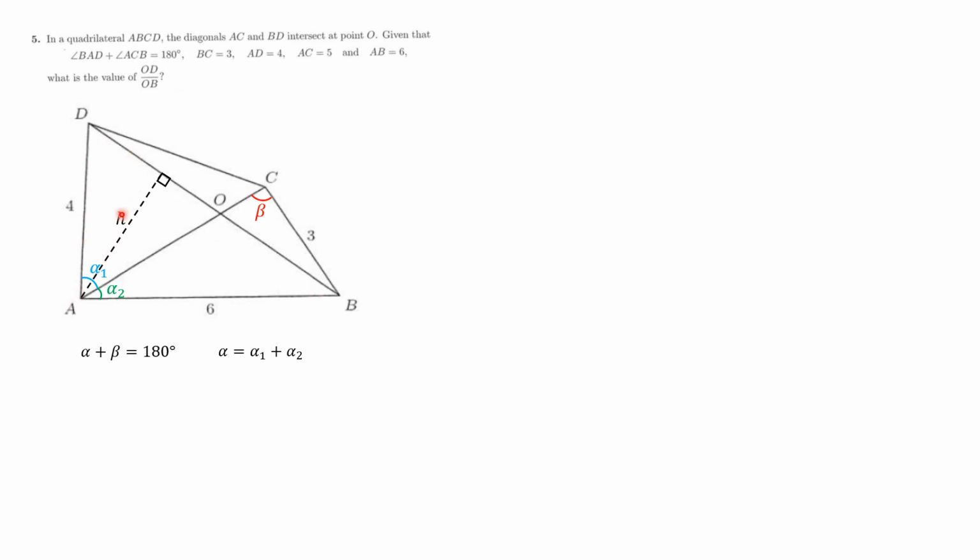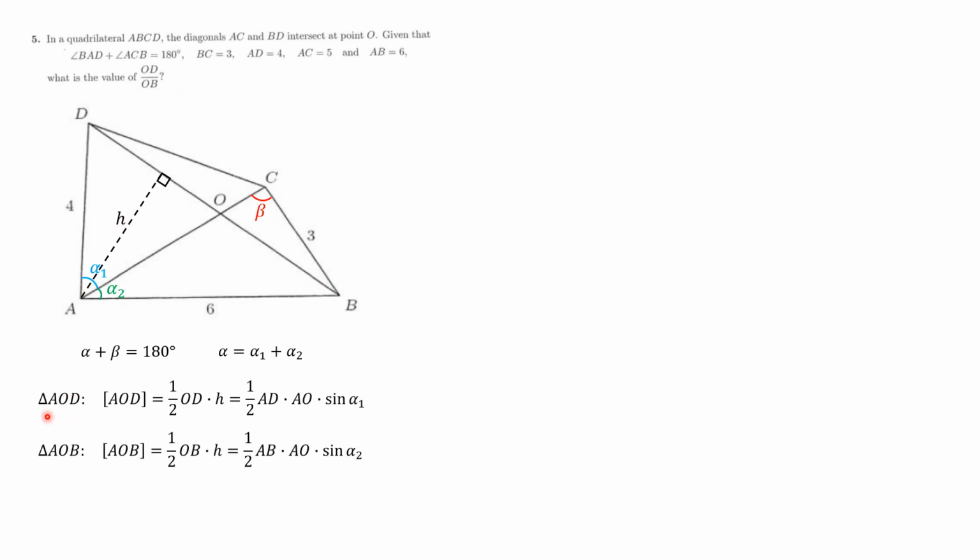Let me first draw the height of this triangle with respect to this base. If this is the height, then for triangle AOD, the area is going to be equal to half of OD times the height, or half AD times AO and the sine of the angle between them.